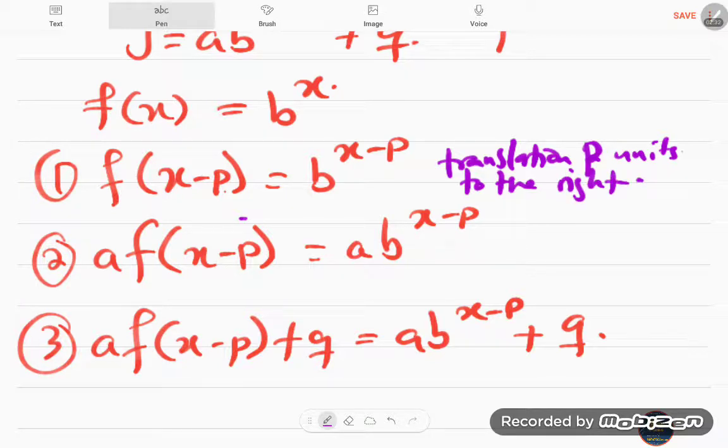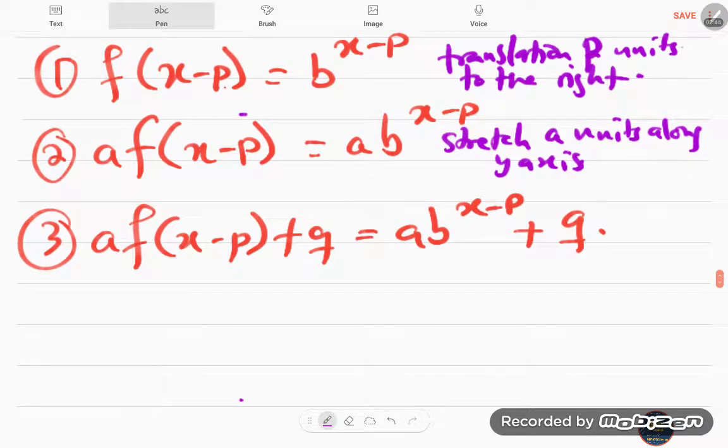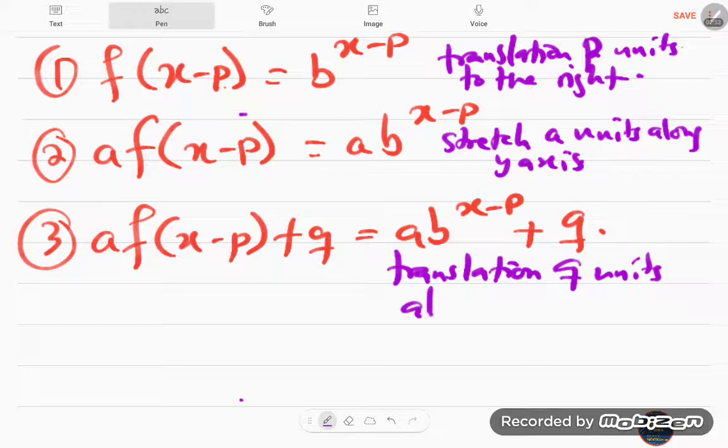The second one is going to be a stretch by a units along the y-axis. Then last but not least, we have a translation q units along the y, in this case upwards because it's plus q, assuming that q is positive.